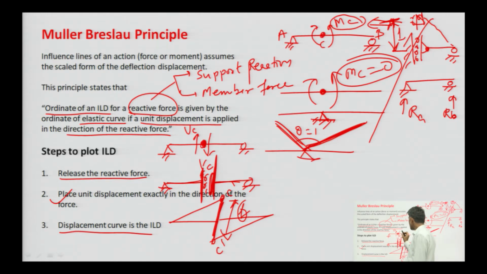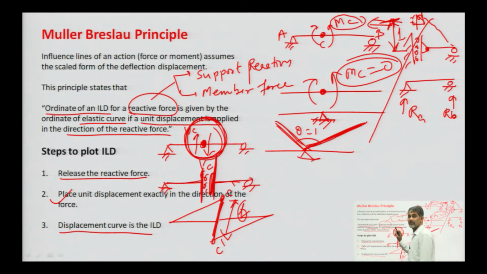prior to releasing the shear force at that point, the number of restraints is exactly sufficient. If we release any of the restraints, then that structure, that beam, is going to deflect.